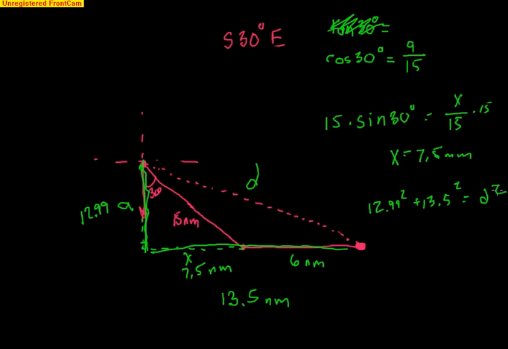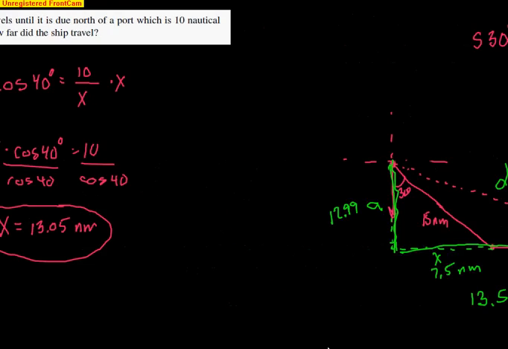So I get 12.99 squared plus 13.5 squared equals 350.99, and I'm going to take the square root of that, 350.9901 actually, and I get that total distance right there is 18.73 nautical miles. So another application. I know it was a little trickier one, I apologize, but I'm just trying to prepare you for problems that you're going to see in class.